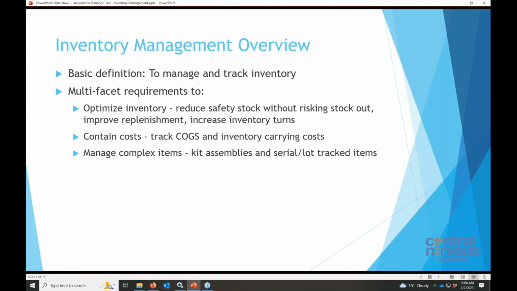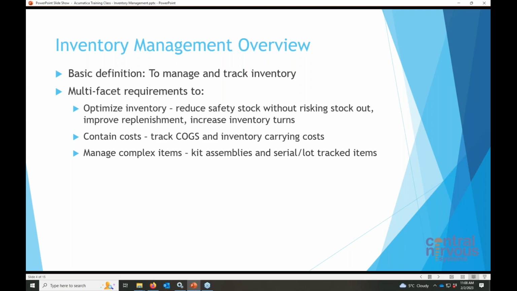We don't want to be put in that position either. So when we look to reduce safety stock without risking a stock out, and we improve our replenishment, the goal there is to then increase our inventory turns. The higher number of inventory turns that you have in a given period, the better the organization is doing at managing their inventory movement.